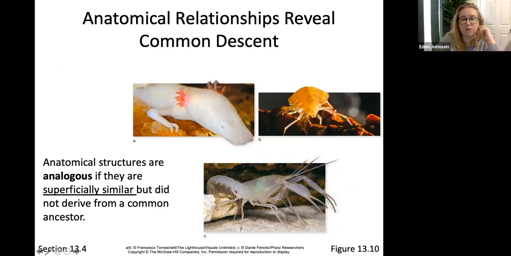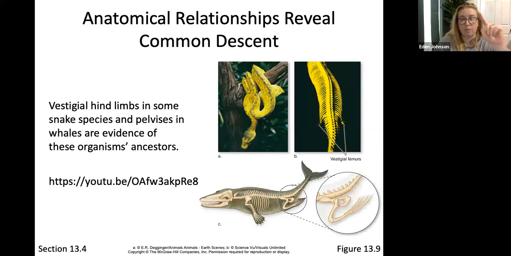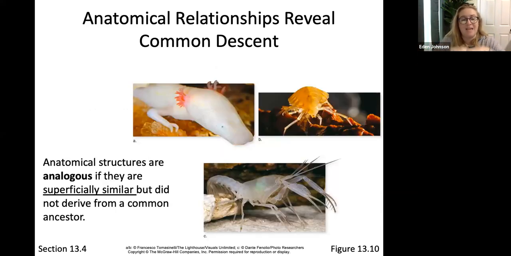So we talked about homologous structures with shared ancestry. We talked about vestigial structures, which also have a shared ancestry, but have fallen out of use, okay? And now we're going to talk about analogous structures. Listen, analogous structures do not have common ancestry, okay?